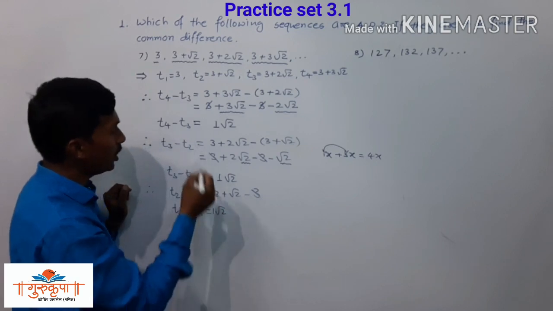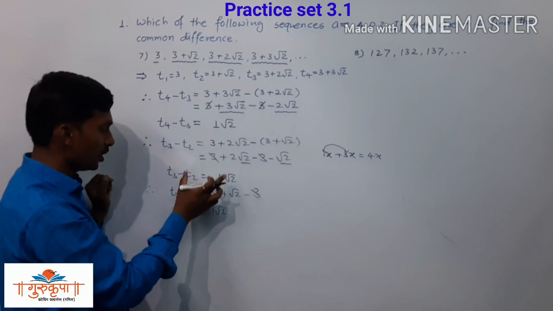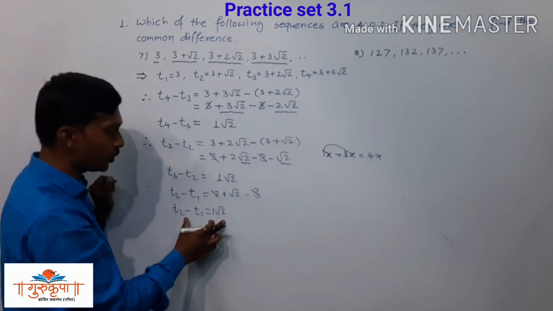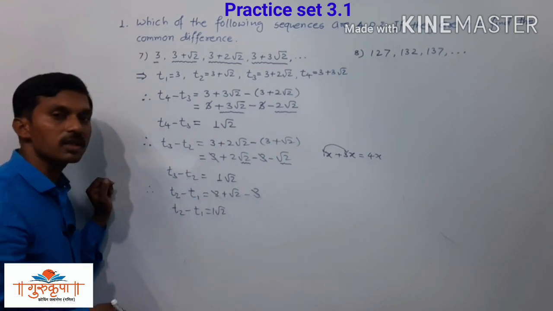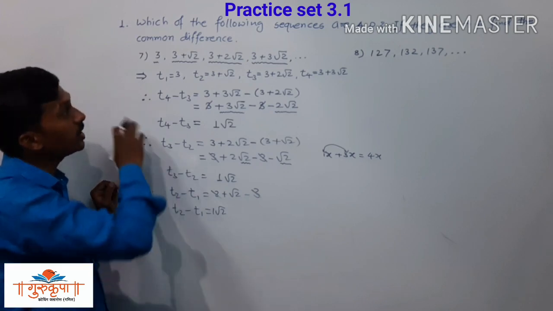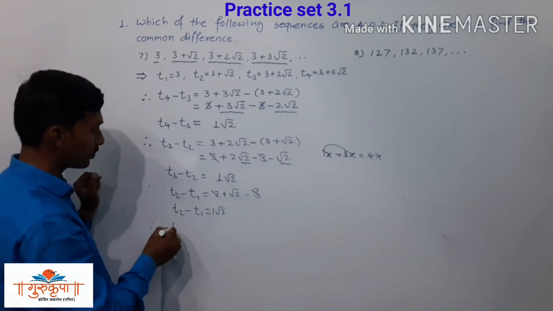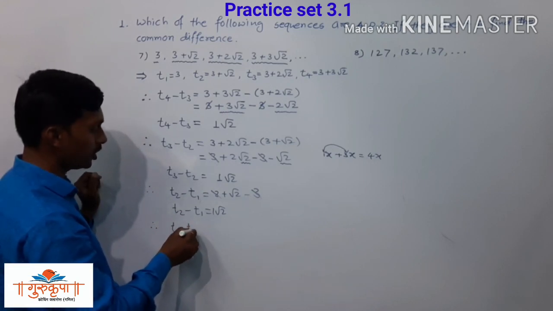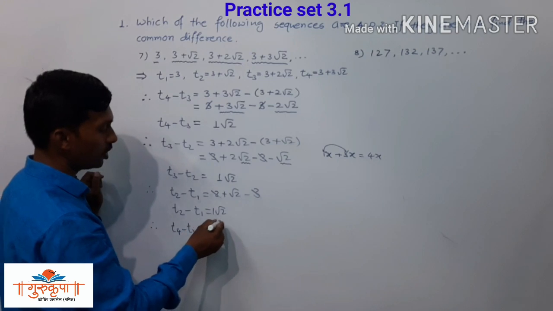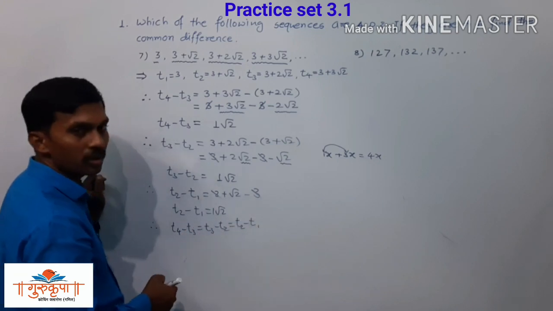So everywhere the common difference is the same: T4 minus T3, T3 minus T2 and T2 minus T1 are the same, that is, the common difference is constant. So we can say that it is an AP. We can write T4 minus T3 equal to T3 minus T2 equal to T2 minus T1.